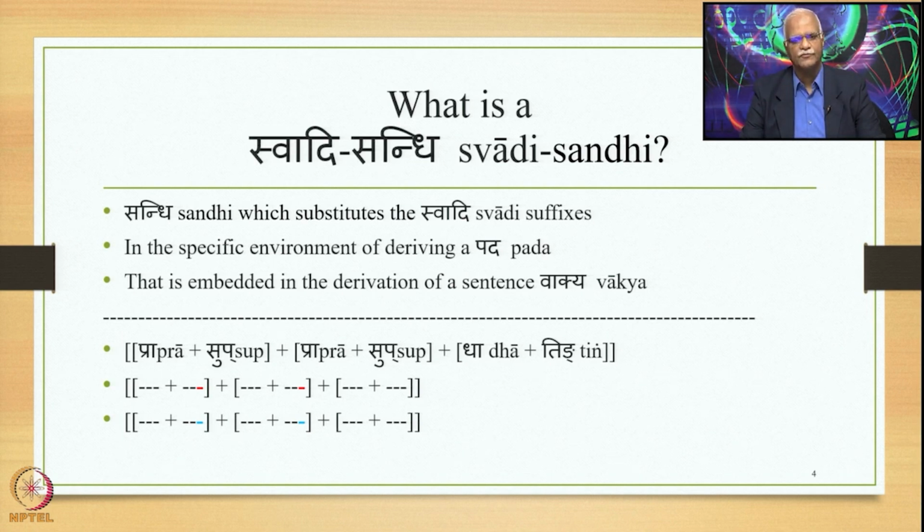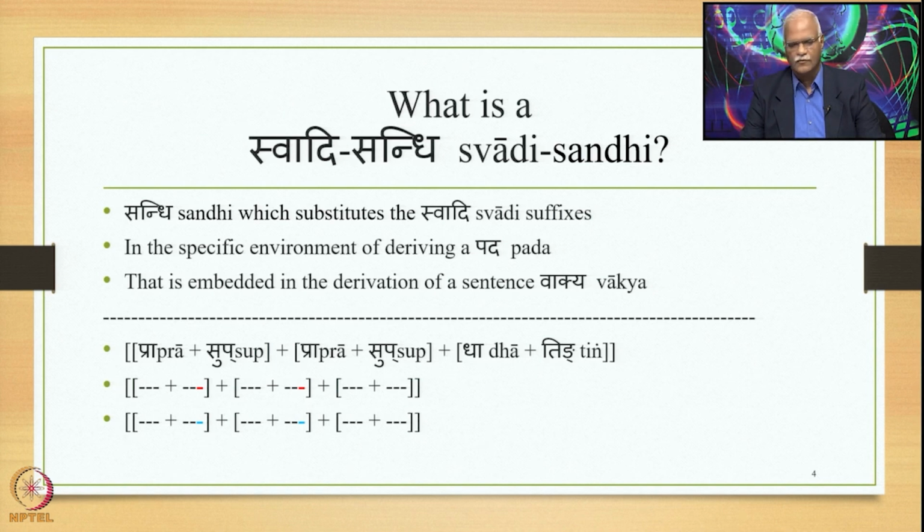And the prakritis of ting and sup are dhatu and pratipadika respectively. Dhatu is mentioned as dha and pratipadika is mentioned as pra on the slide. So, this template structure of a sentence gives us the picture of the pratyayas sup, sup and ting on the right hand side of the prakriti in the pada. So, this sup is called swadi over here.